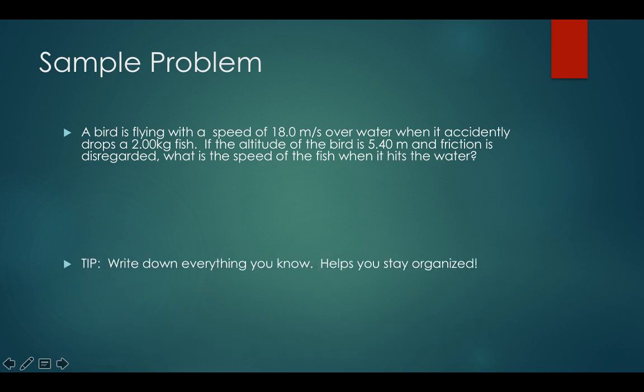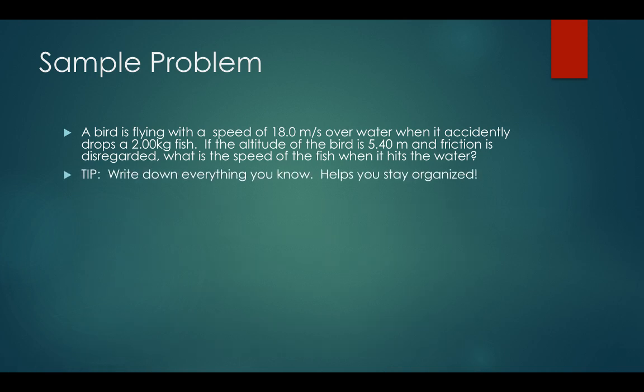So my first tip for you guys here, and if you don't do this, you're going to have a really bad experience: write down everything you know. The very first thing I do is write down, I know the initial velocity, I know the mass, I know the height. I don't know the final velocity, and it's what it wants me to solve.